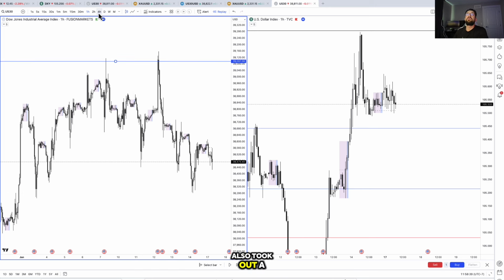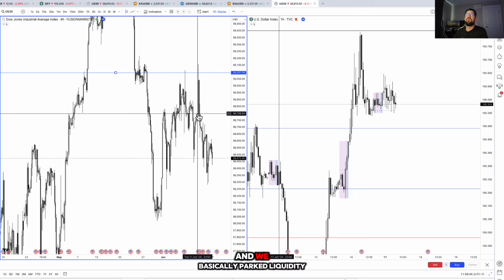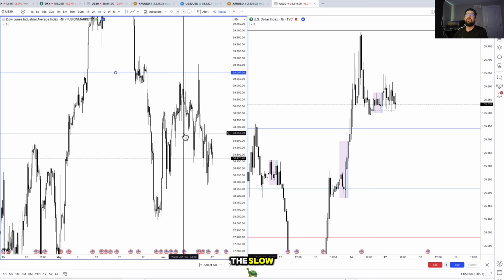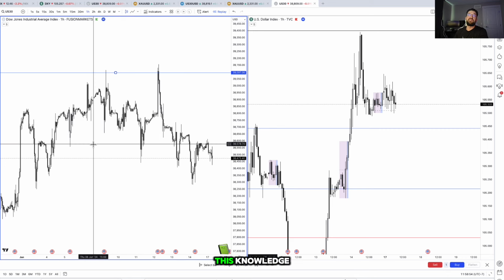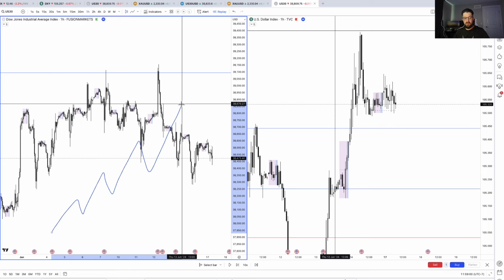But this here also took out a bunch of unfilled orders, and you can see how we took out these unfilled orders. And we basically parked liquidity, took it out. We softened this low, which basically told us this low's coming down. So now, with all of this knowledge, I can look at this price action and understand that price is not trending.